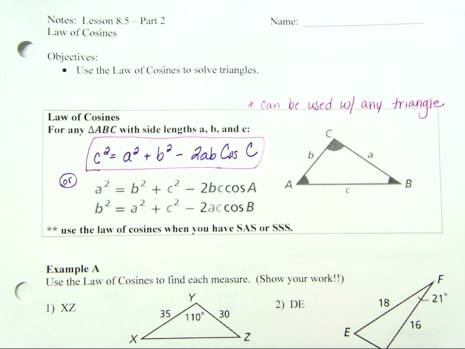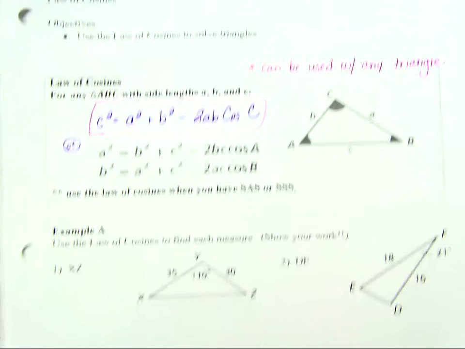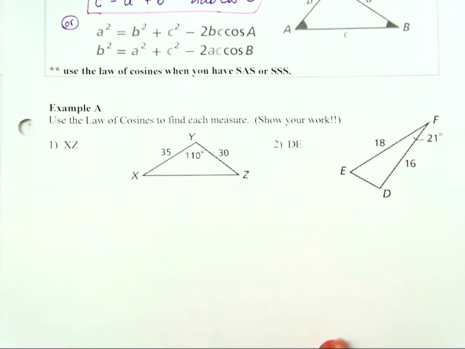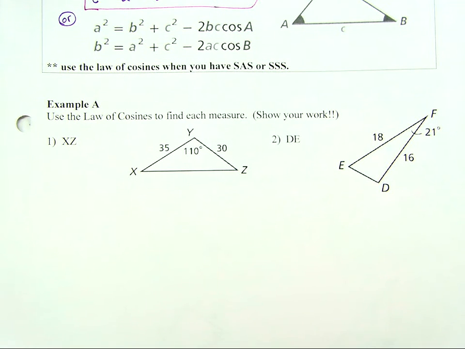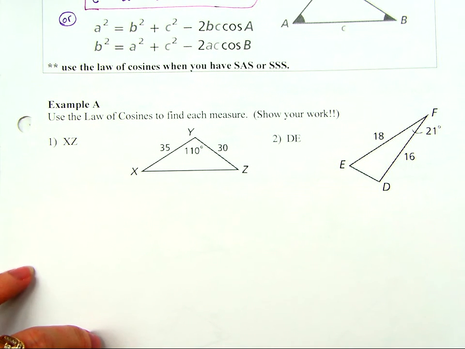Now, the law of cosines, again, kind of depends on which information you're given. Let's take a look at how we would set up and solve. Now, I am going to expect you to show me some work when you set up to solve your law of cosines. In question number 1, they're asking me to find side xz.